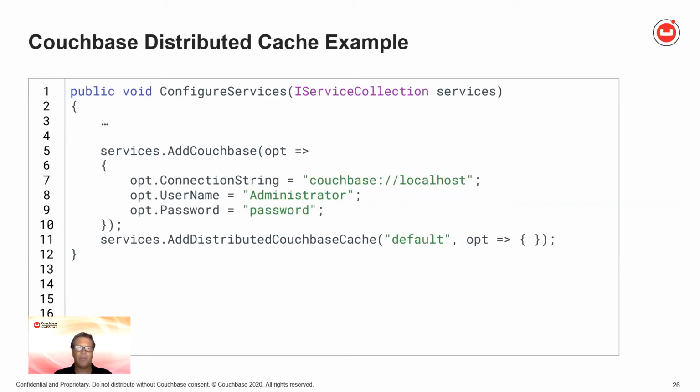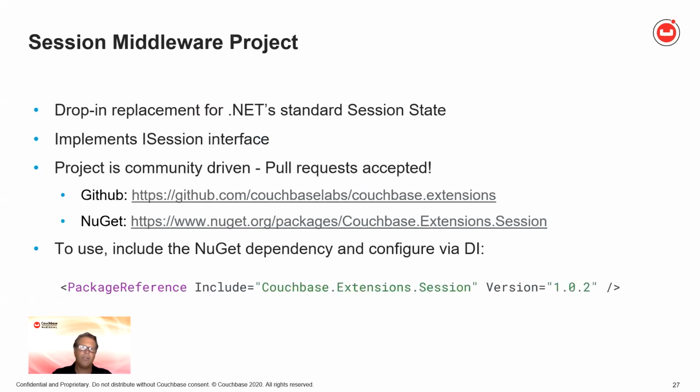Finally, on line 11, we call services.AddDistributedCouchbaseCache, and we associate it with the bucket that we want to use as our cache. In this case, I'm using the default bucket. Once you've done this, when you use any caching in your application, you'll actually be using the distributed Couchbase cache instead of the default in-memory cache that's provided with ASP.NET Core.